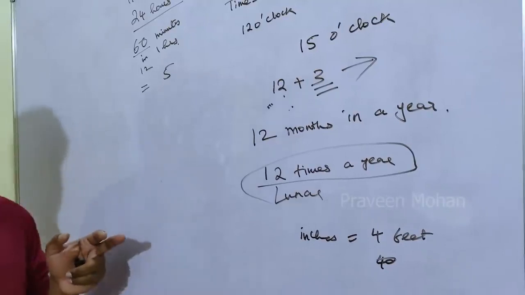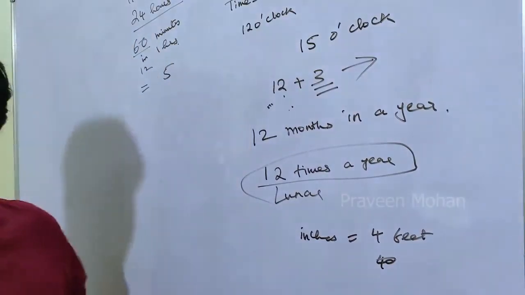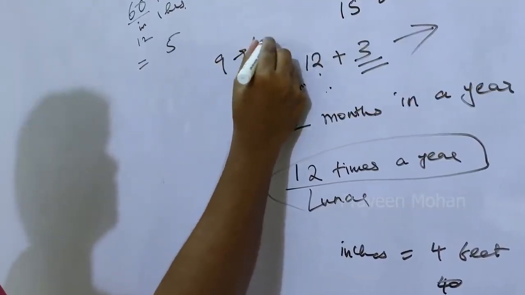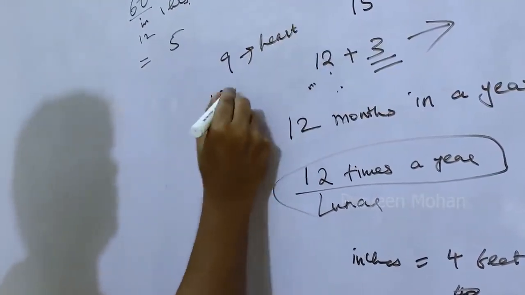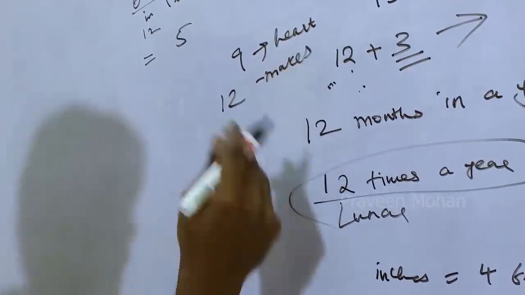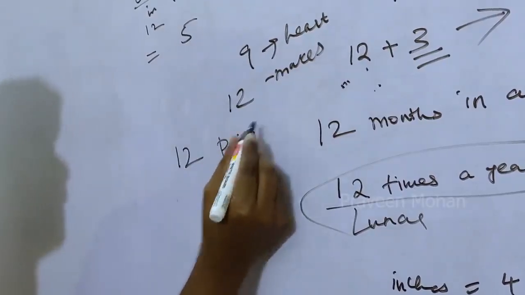Now, 12 is connected very much to the human body. Remember I told you about 9 and its connection to the heart? 12 makes up the rest of the human body, okay? Because there are 12 pairs of ribs.